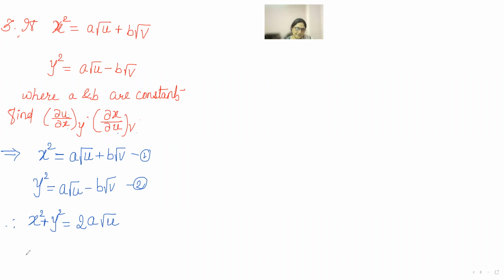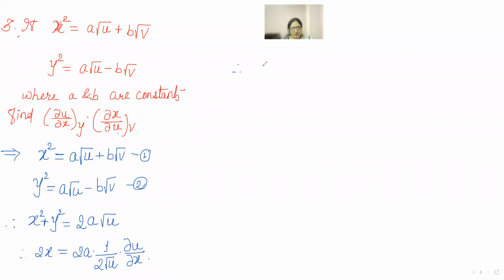Therefore, derivative of this function with respect to x, keeping y constant, 2x is equal to 2a into derivative of root u, 1 upon 2 into root u into dou u by dou x.